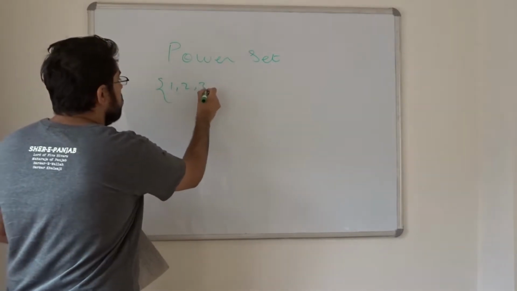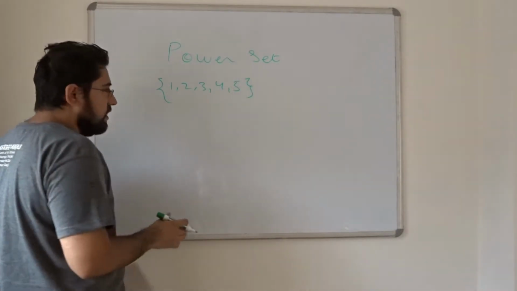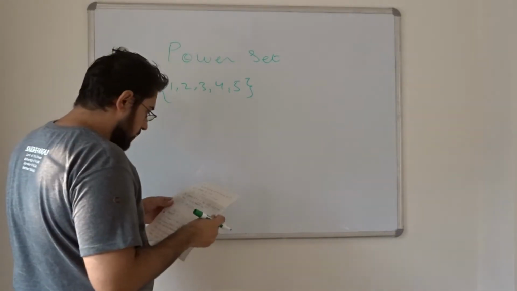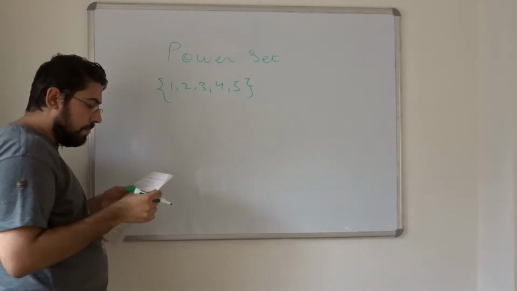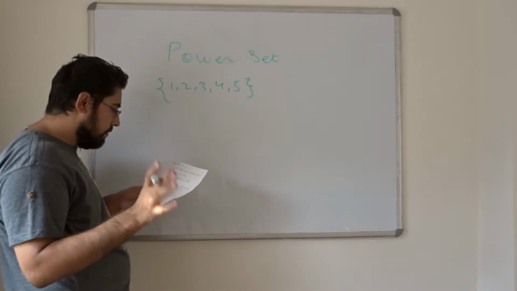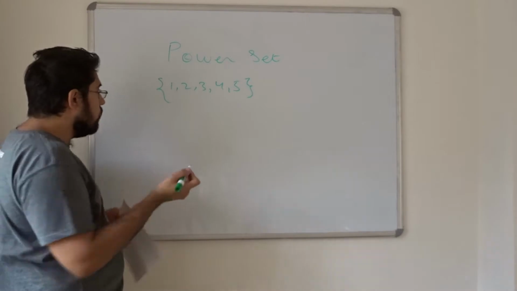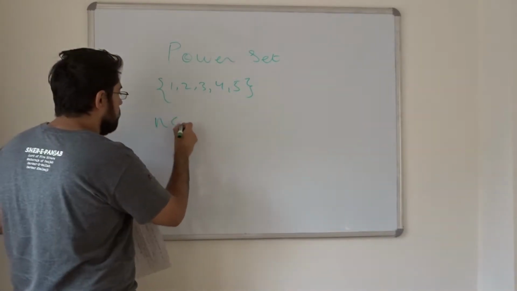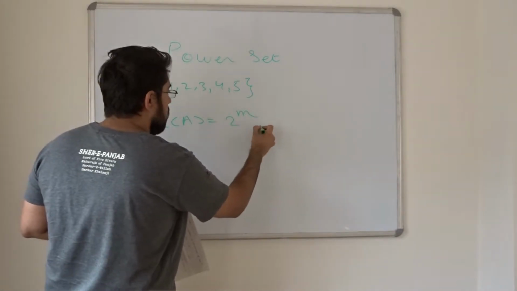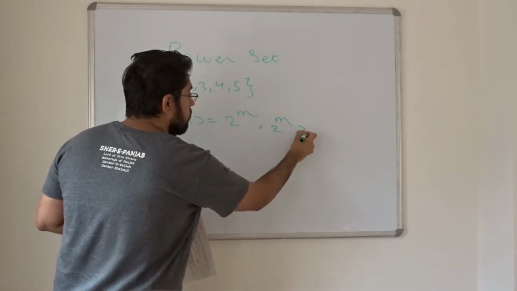I had done an example: 1, 2, 3, 4, 5. So basically, we already know what a power set is. What is a power set? It is the number of all subsets of set A. So now you already know the formula, don't you? n(P(A)) is equal to 2 to the power n, where 2 to the power n is greater than n.